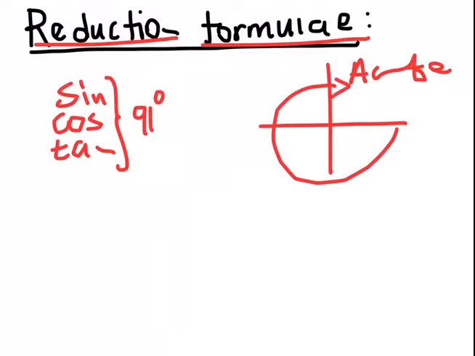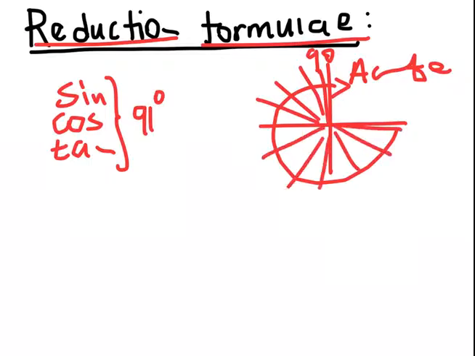to an acute angle. So that includes angles, let's say, since here it's 90, then all other angles on this side can be reduced using a reduction formula, so that we reduce it to an angle which is between 0 and 90. So even 210, a big angle, can be reduced using a reduction formula.